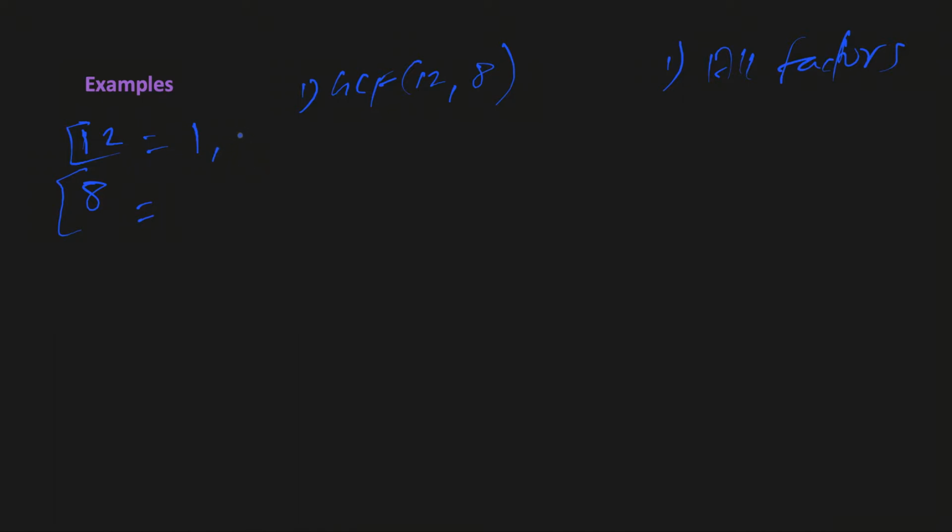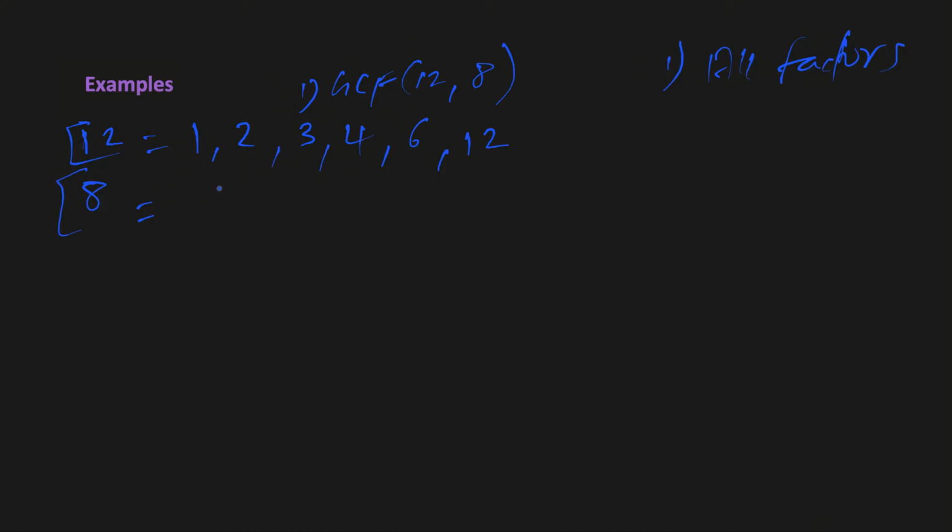So 12 is divisible by 1, by 2, by 3, it's also divisible by 4, 6, and again 12 is divisible by 12 or itself. So you can say 1, 2, 3, 4, 6, 12 are all the numbers that 12 is divisible by. Those are all the factors for 12.